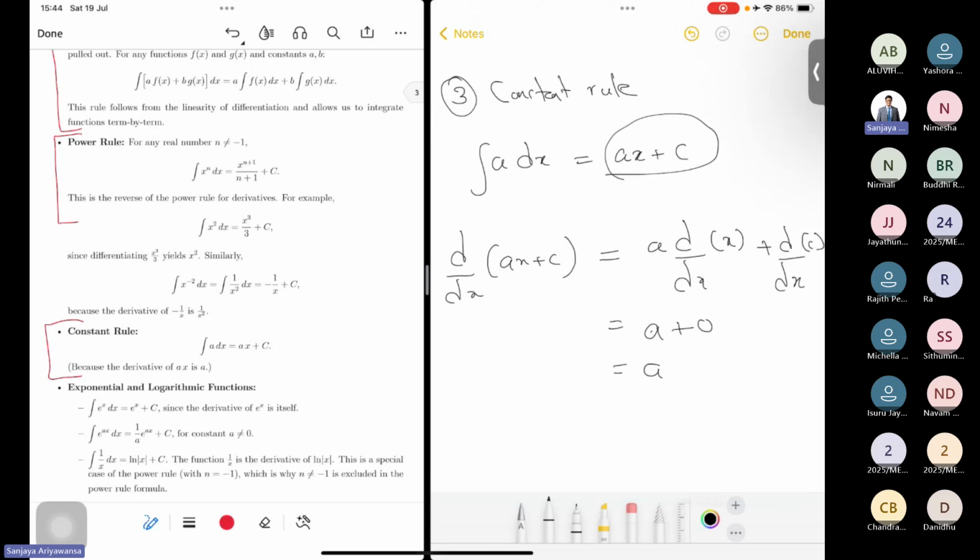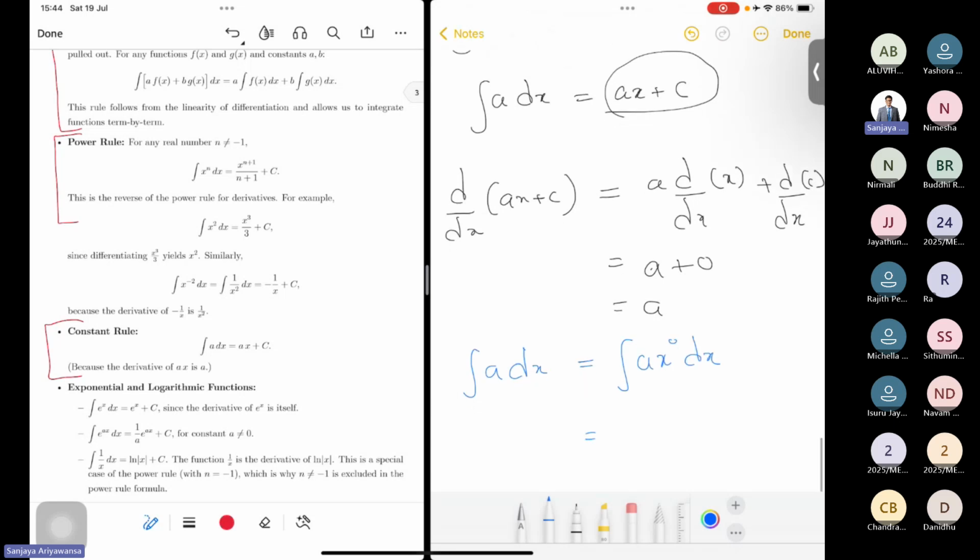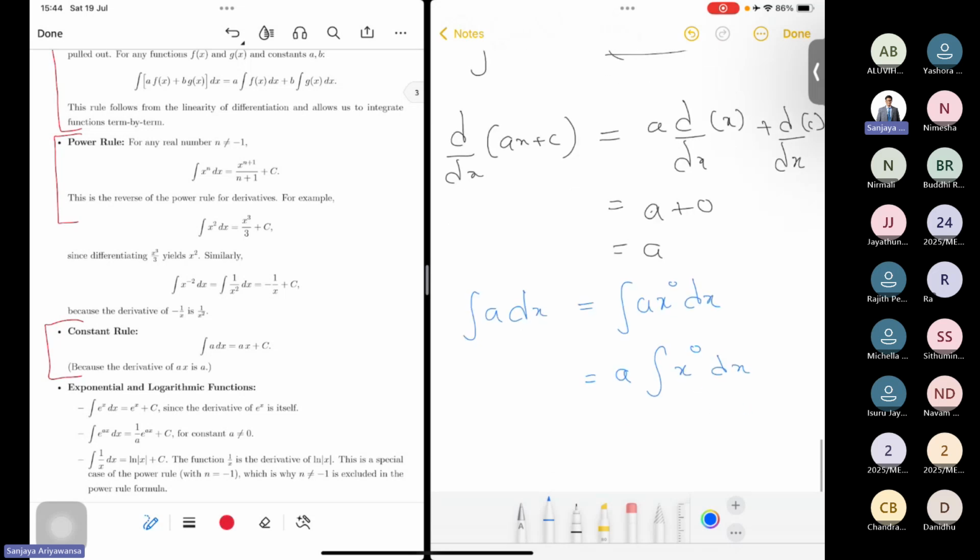Another way to look at this would be a dx. Actually here it's a x to the power 0 dx, and you can take a out, and I am to integrate x to the power 0 dx, because x to the power 0 equals 1.